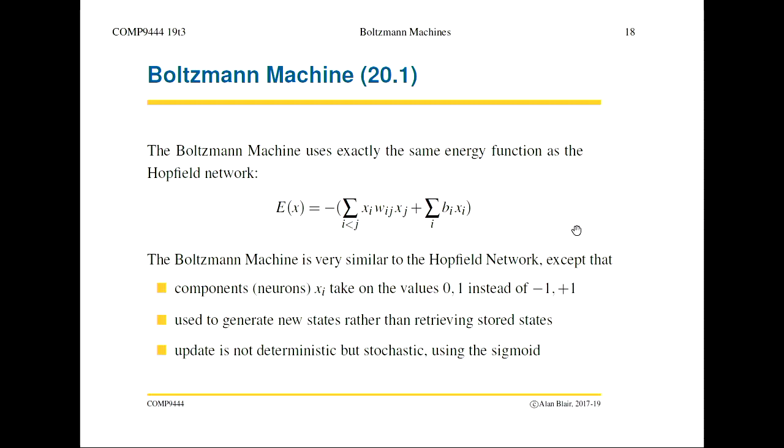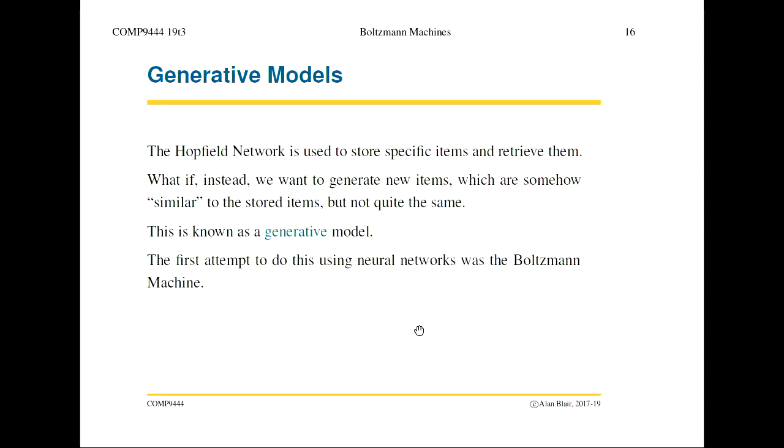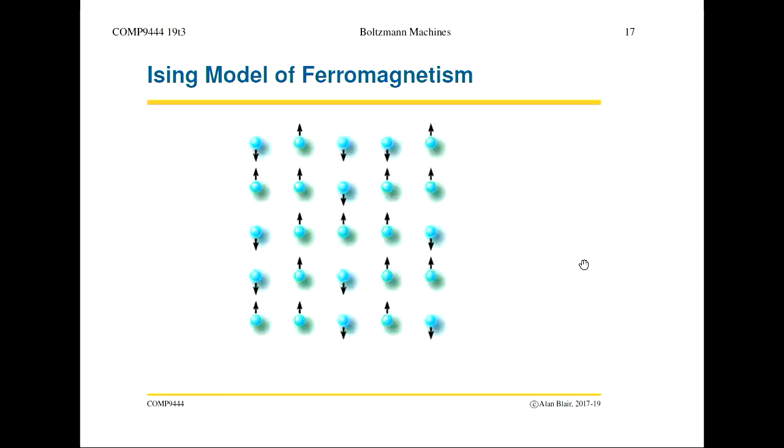And as I said, the purpose of this is to generate new states rather than retrieving old ones. And the update is not deterministic. It's stochastic, using the sigmoid function.